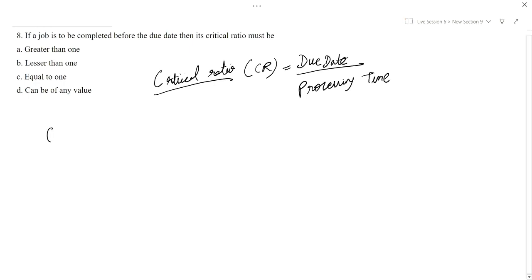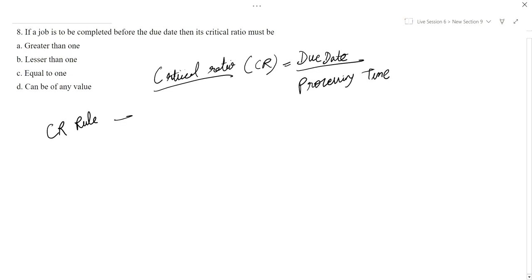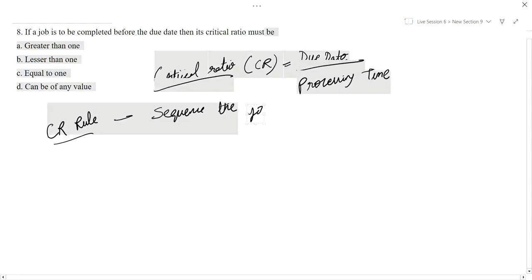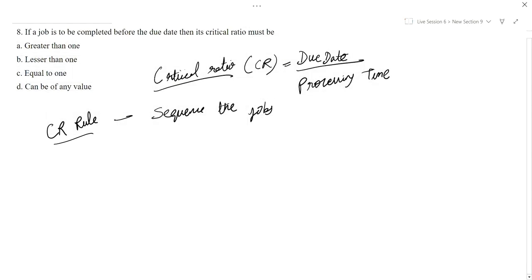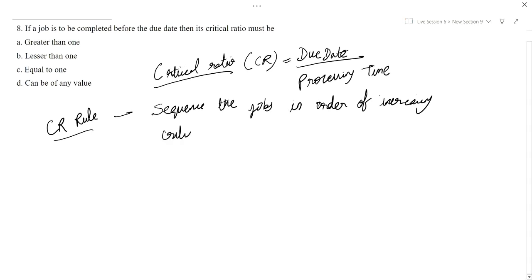Now here in the critical ratio rule, we sequence the jobs in order of increasing critical ratio.